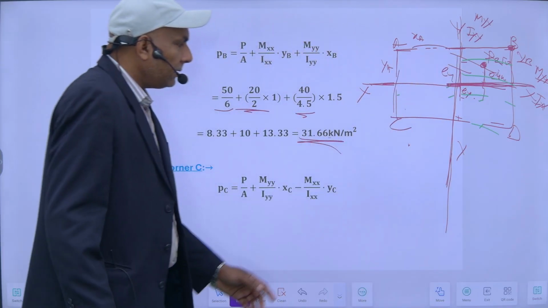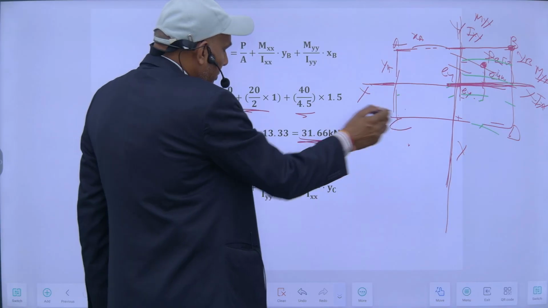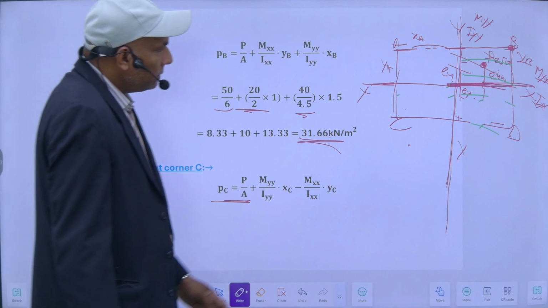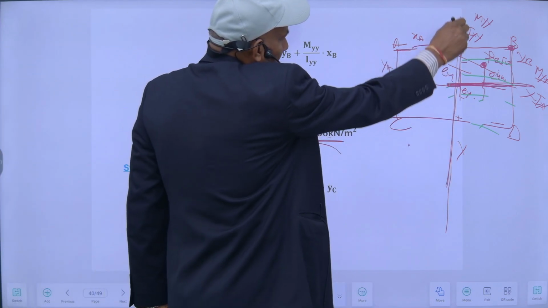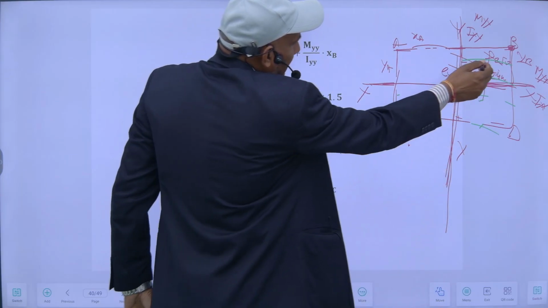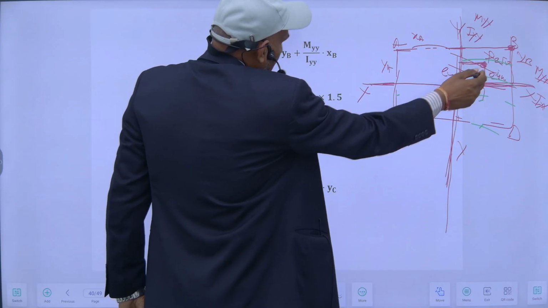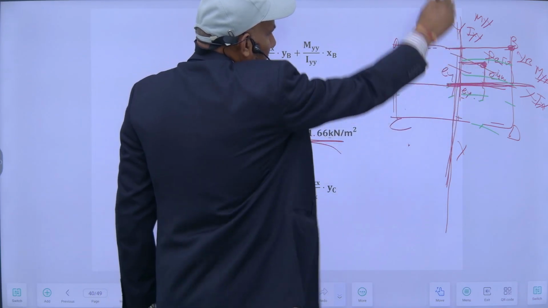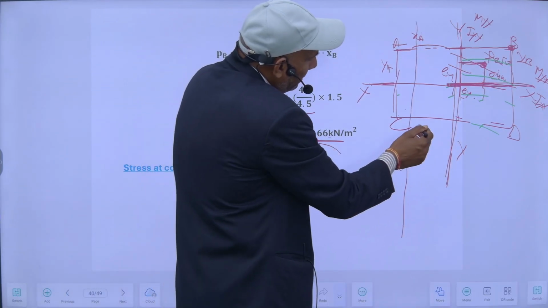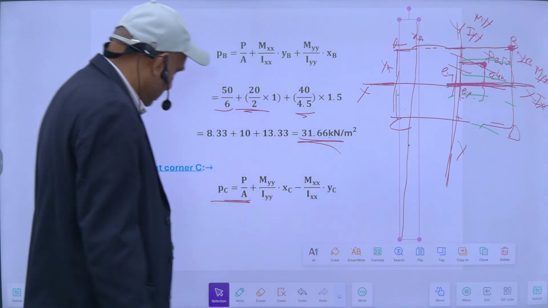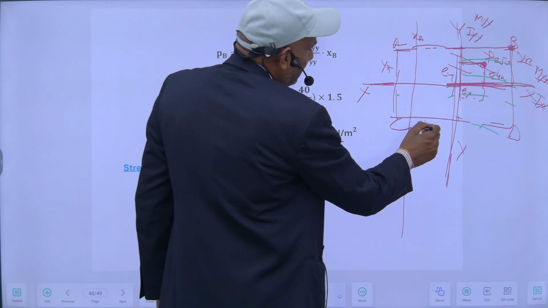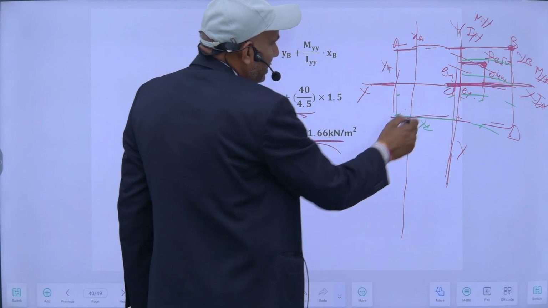so at this corner, load upon area will be the same, plus Myy, this moment about this axis, will be load into this distance, so it will be Myy upon moment of inertia Iyy into xc, from this origin it will be xc.